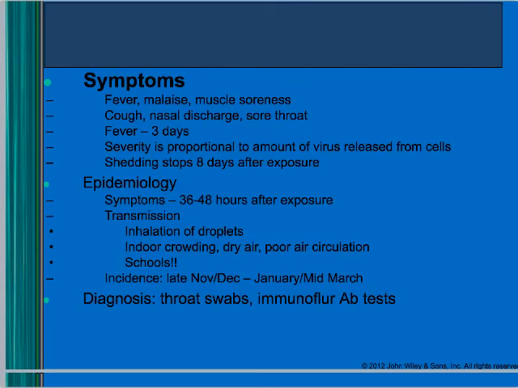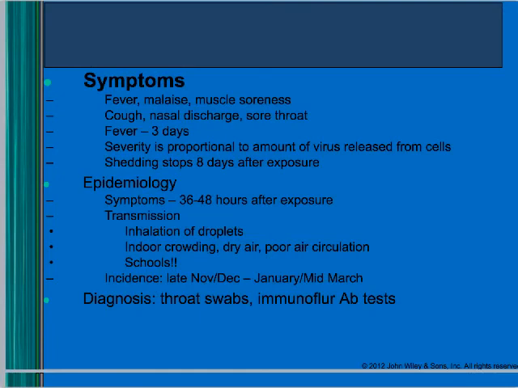Flu-like symptoms include fever, malaise, and muscle soreness. They can have a cough, a sore throat, a fever. Then you start shedding the virus. Usually the symptoms start appearing 36 to 48 hours after exposure. It spreads by droplets. When school's in session and you can't get outside and they're turning on the heat, that's when we see more flu.